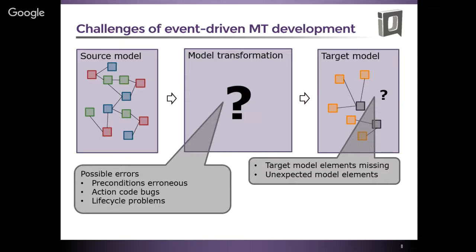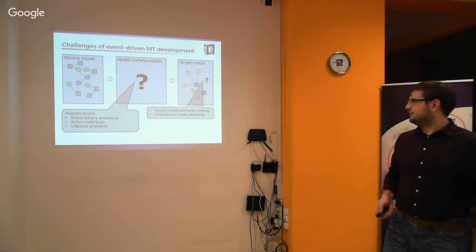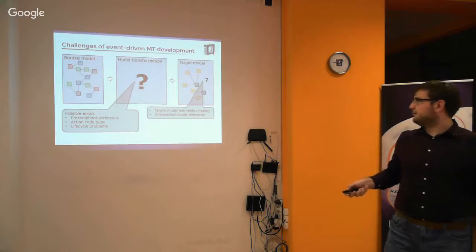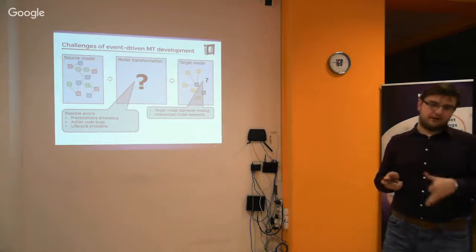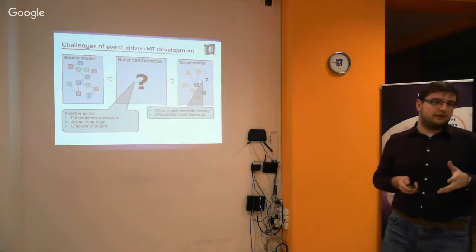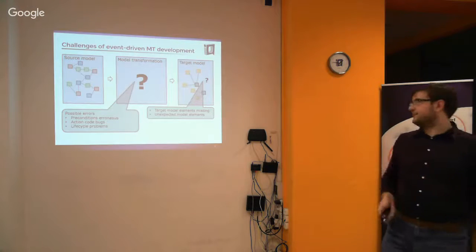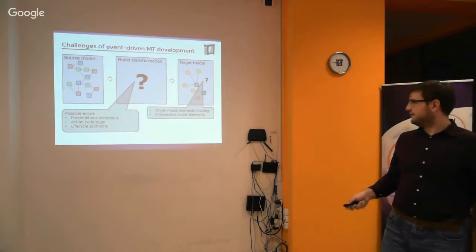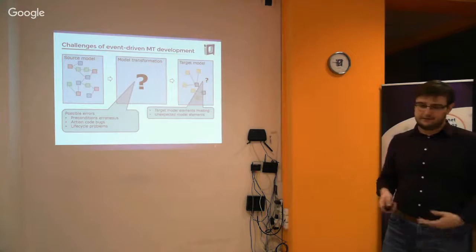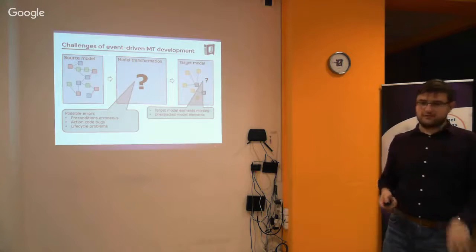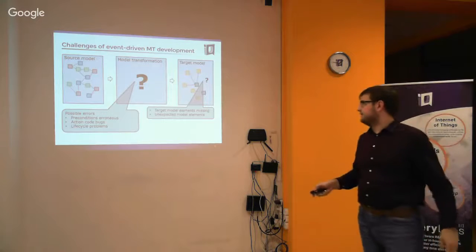Also, our action code could contain some bugs, and there could also be some problems regarding the rule priorities defined in our model transformation, meaning that the model transformation lifecycle could cause some errors as well.